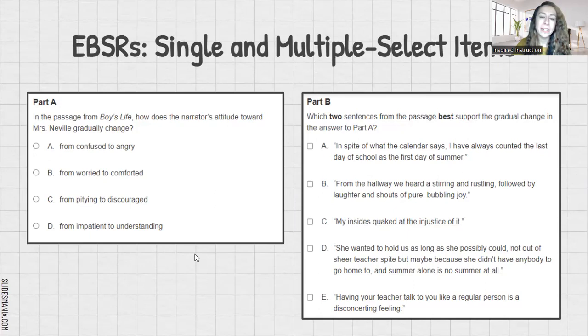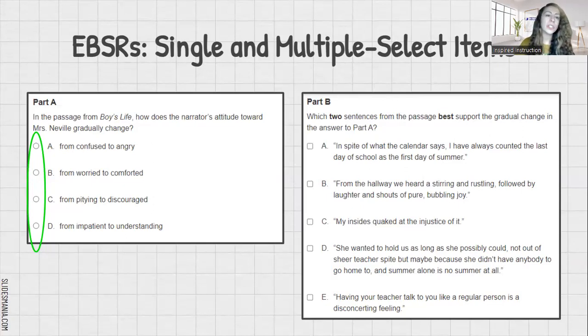But what you might notice that's different between these two that I selected from a text are the shape of the bubbles that are next to the letter. So if you look really carefully, this part A question has circles next to it. And this is a little tip that you might want to share with students. Again, this is an eye-opening thing that many students don't realize. And once they do, it helps them with making sure that they answer the question completely.